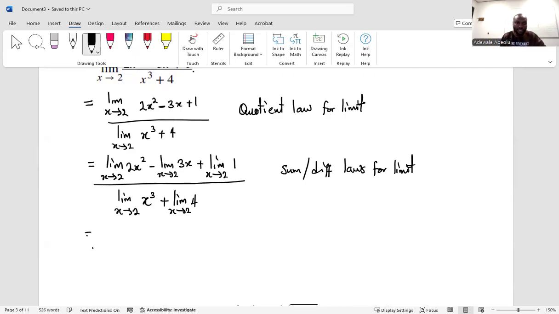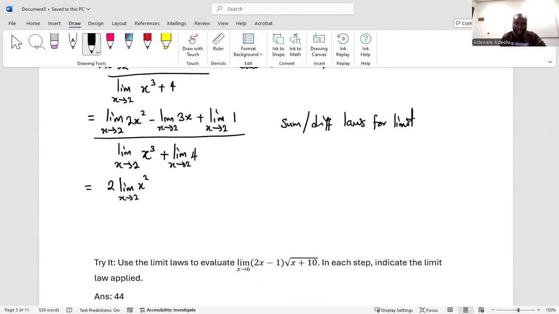So we can say, this is 2x squared. Then we can move it out. We have moved that 2 out. So we have x squared left, x squared as x goes to 2. You have to write that limiting value every time. Minus, again, I can do this. Move the 3 out. Limit of the function x as x goes to 2 plus, here I'm just going to let it remain as it is.